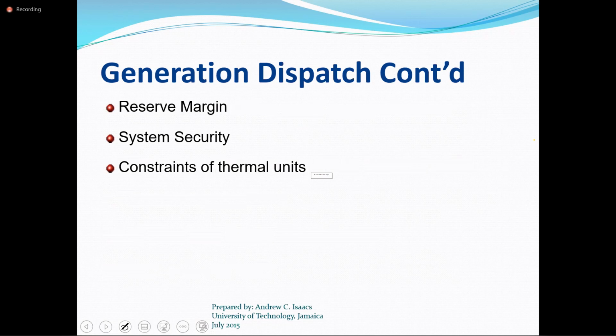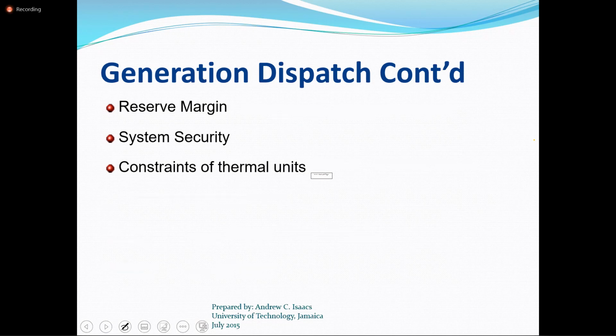We need to take note of what reserve margin we are working with. As part of the unit commitment, the question is: how many units, or which units, do I need to bring online given the margin that I'm working with? Remember, I spoke to you earlier about the rule of thumb of 10%.